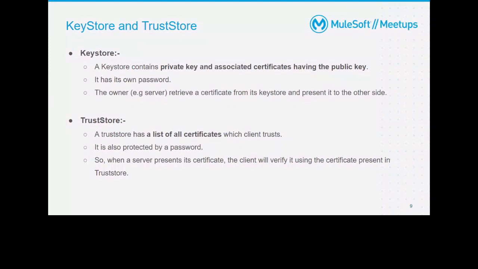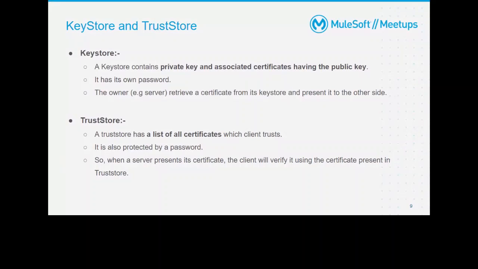The name itself says something trustworthy, where we can trust. The trust store has a list of all the certificates which the client trusts, and it is also protected by a password. We saw in the previous diagram that whenever the server presents its certificate, the client goes to its own trust store and verifies it.